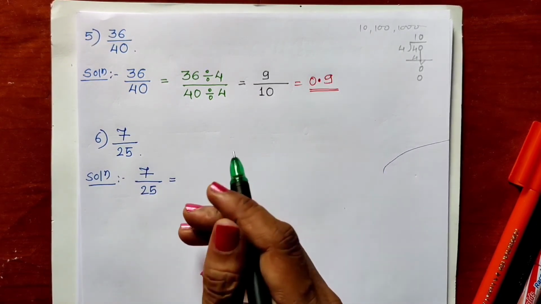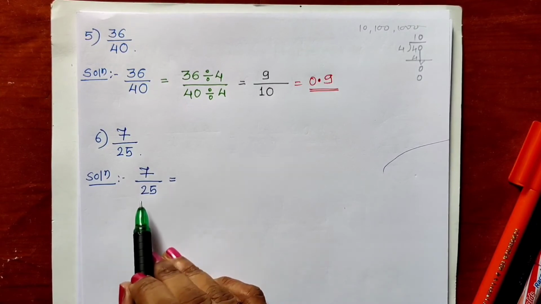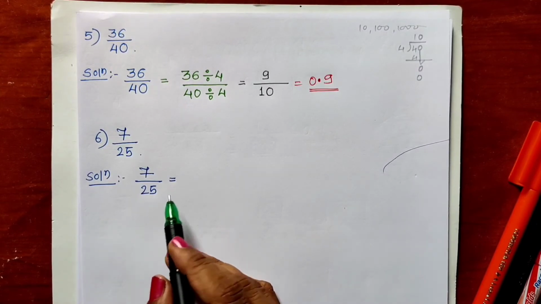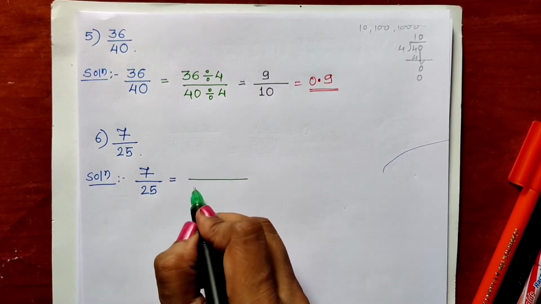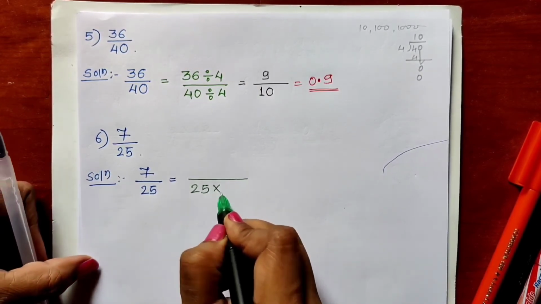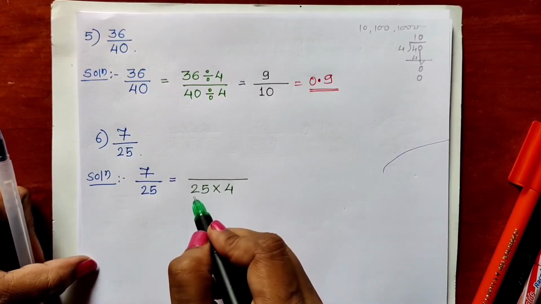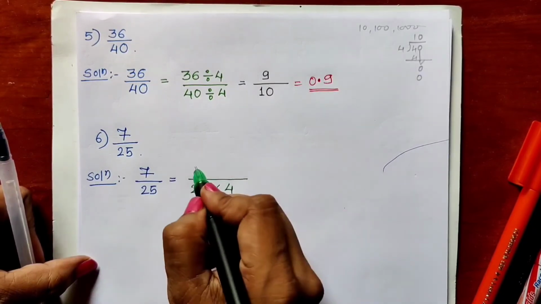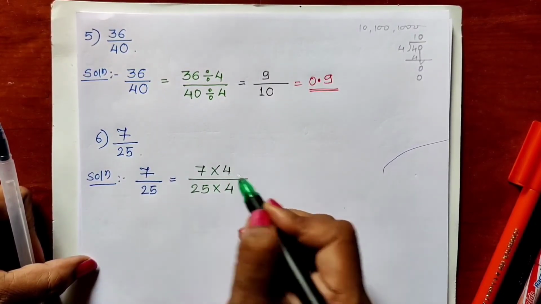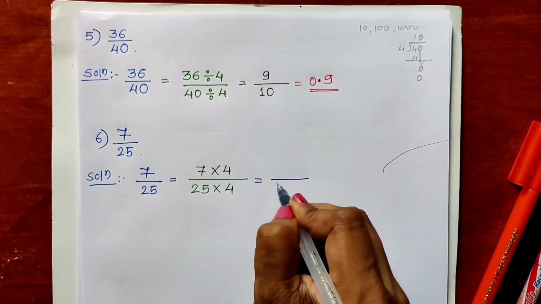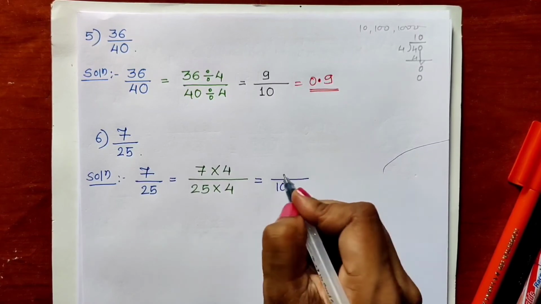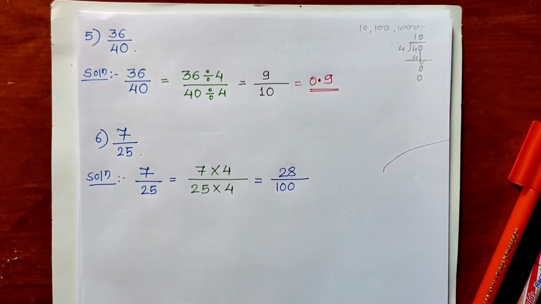It is not possible to get 10 by multiplying because 25 is bigger than 10. So we can multiply by 4 if you know the table of 25. 25 4s are 100. As we are multiplying 25 by 4, we have to multiply 7 also by 4. So the answer we will be getting: 25 4s are 100 and 7 4s are 28.